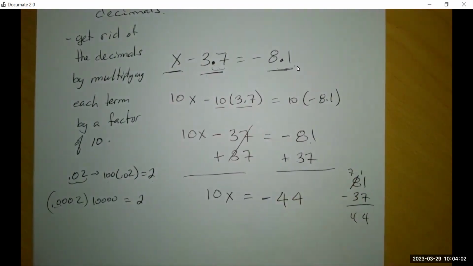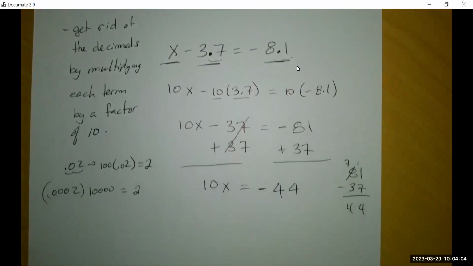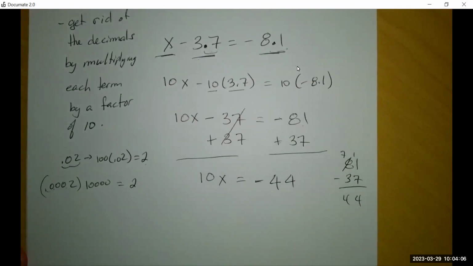So it's negative 44. And to get the x by itself, we have to get rid of this 10. How do we get rid of the 10? How is 10 connected to x? It's multiplied. What's the opposite of multiplication? Division.